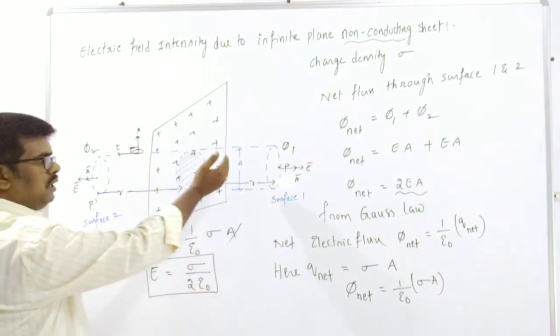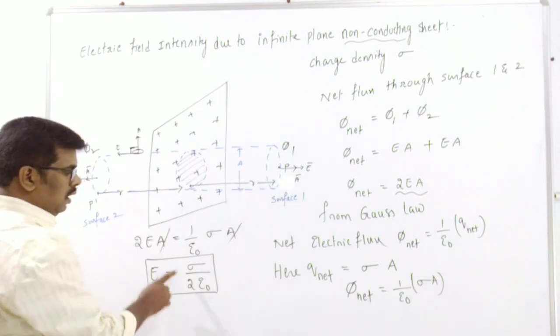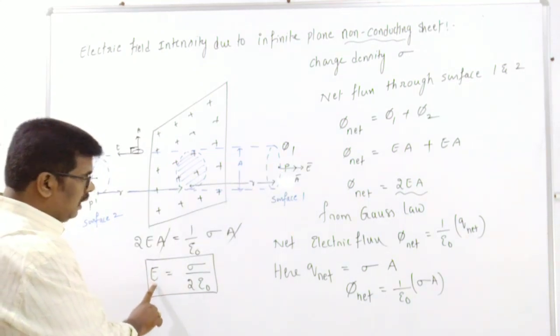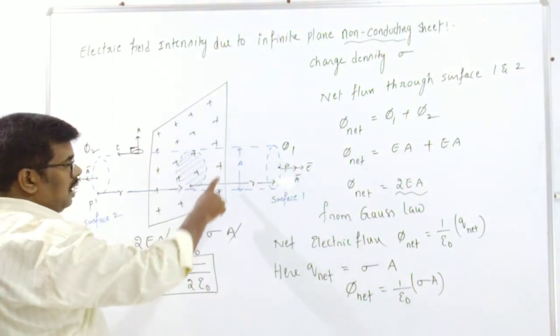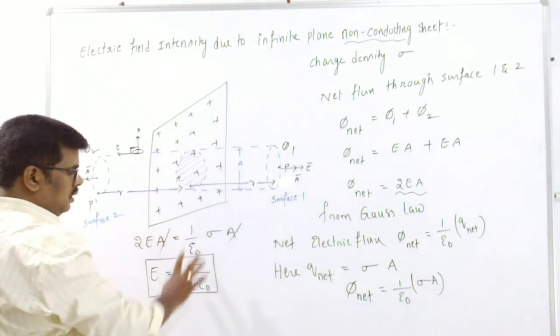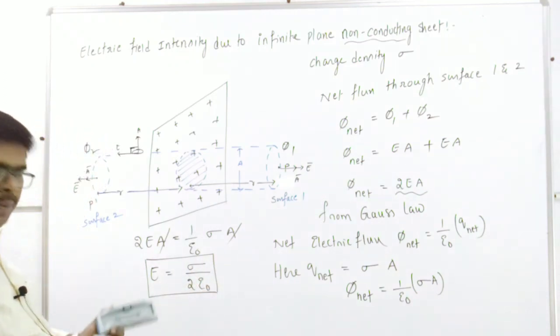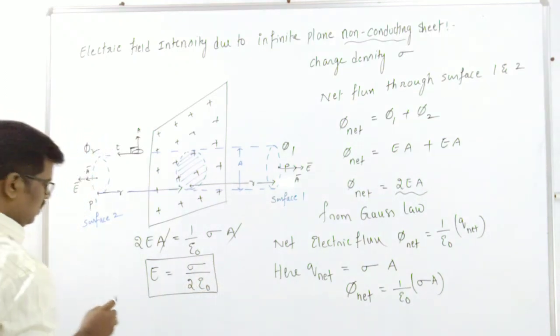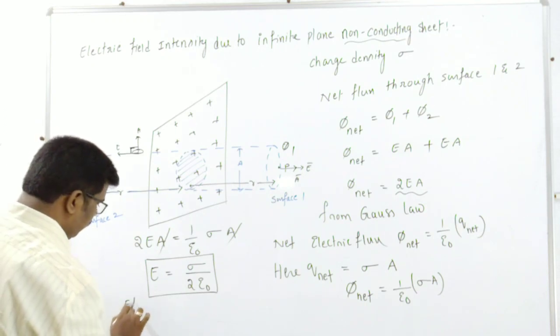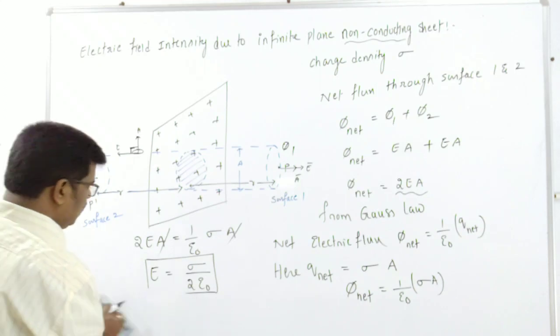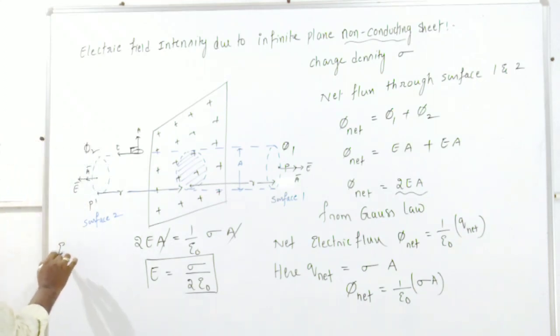Whether it is closer or far from the sheet, the electric field intensity remains the same. So you understand that the electric field intensity in the case of a charged non-conducting sheet is independent of distance. You remember this.